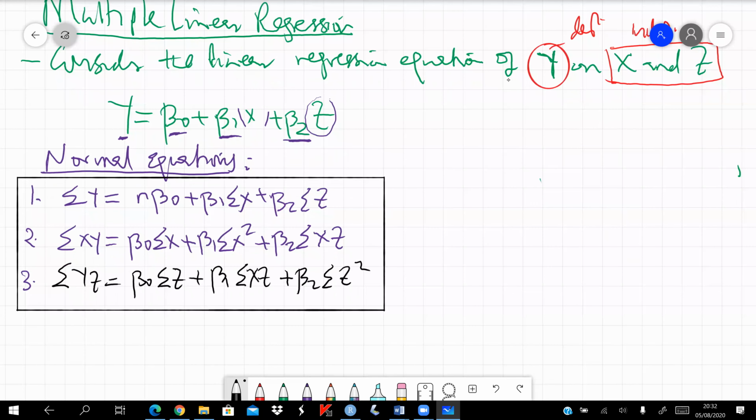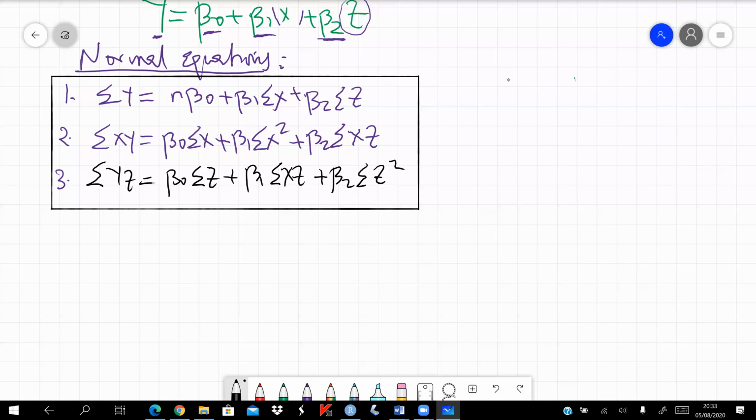So let me give a small example with a small n.